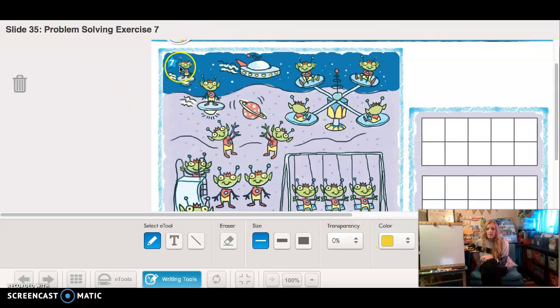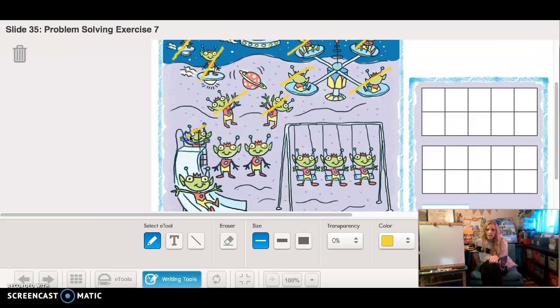All right, let's count. I'm going to start over here because when we count things, we usually start from the left. So we're going to start all the way over there and try to go in the best order we can find, all right? So I'm going to cross them out. Ready? 1, 2, 3, 4, 5, 6, 7, 8, 9, 10, 11, 12, 13, 14, 15. 15 aliens, no surprise.